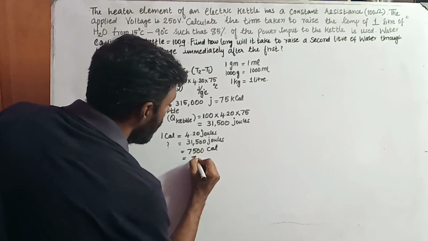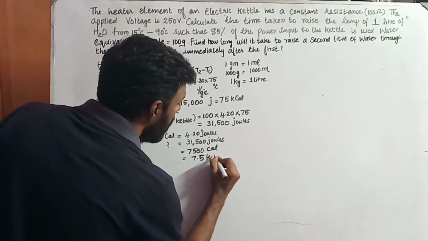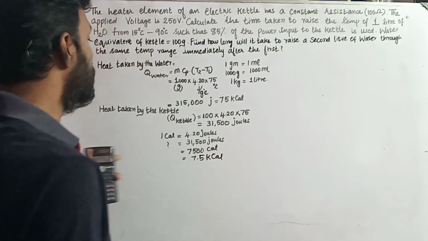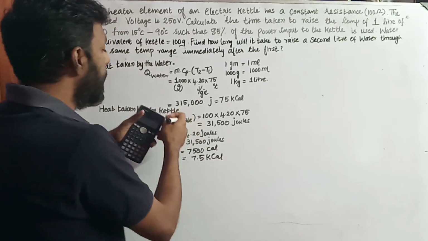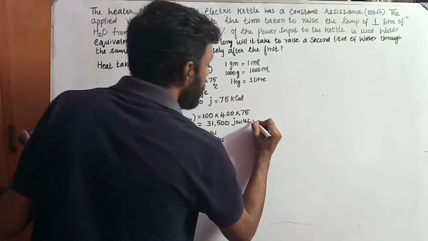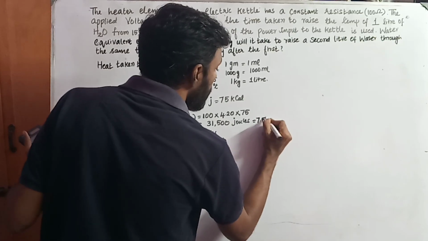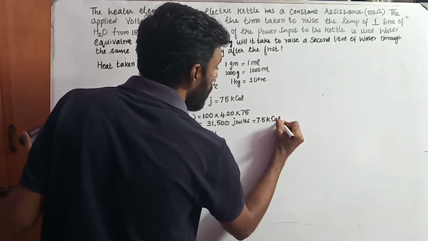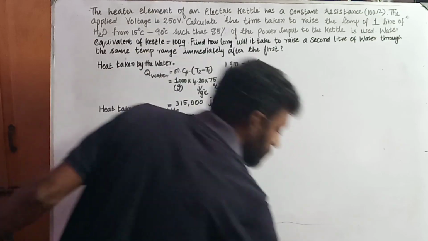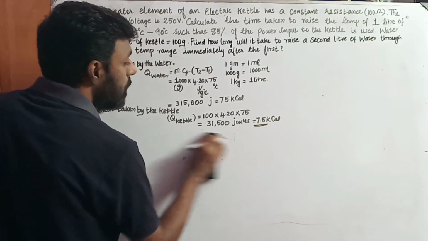Okay, 7.5 kilocalories. So this heat taken by the kettle, that is Q kettle, value will be 7.5 kilocalories. This will be the value.